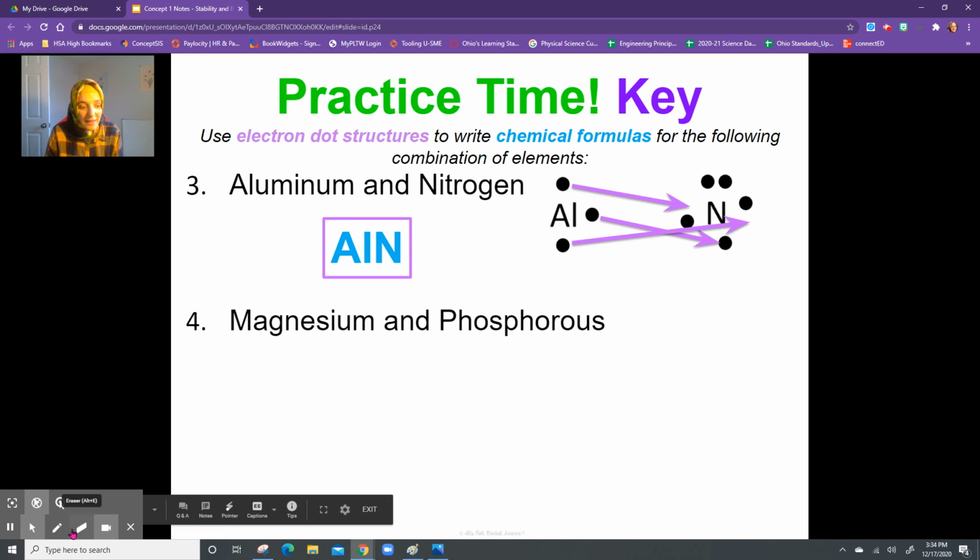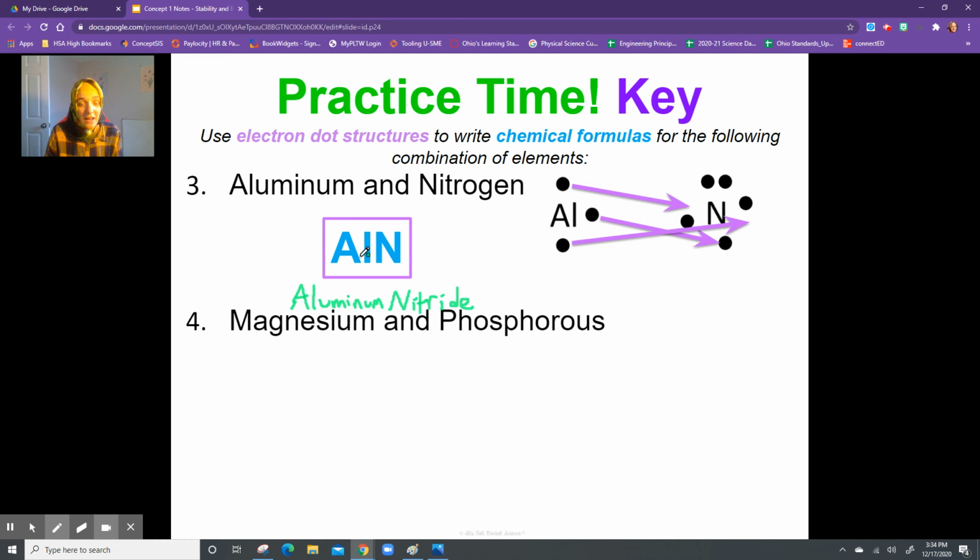As you can see, it ends with "ide" again. So let me write this down for you. Aluminum and nitrogen made a compound, and now their name is aluminum nitride. So this IDE is still the same. This is how they end with IDE, because this is an ionic bond, okay? Again, most of the ionic compounds are going to be named with an IDE ending, okay?